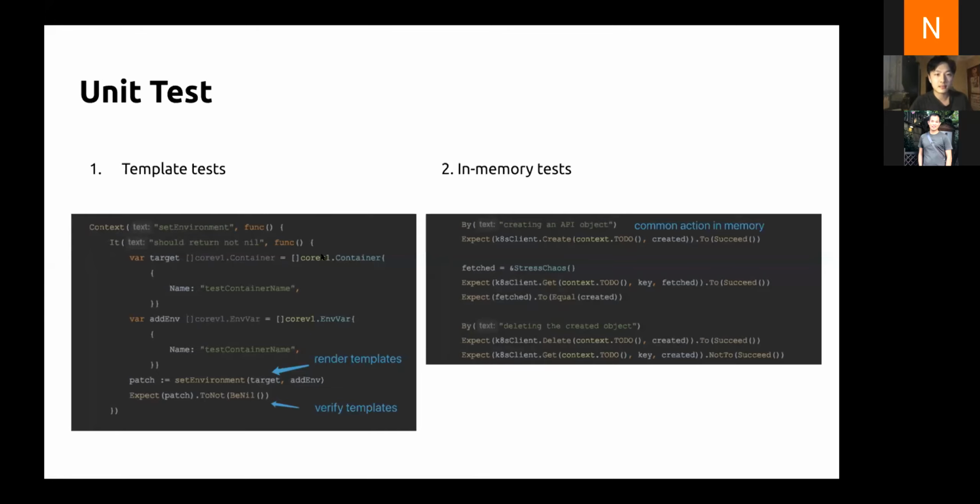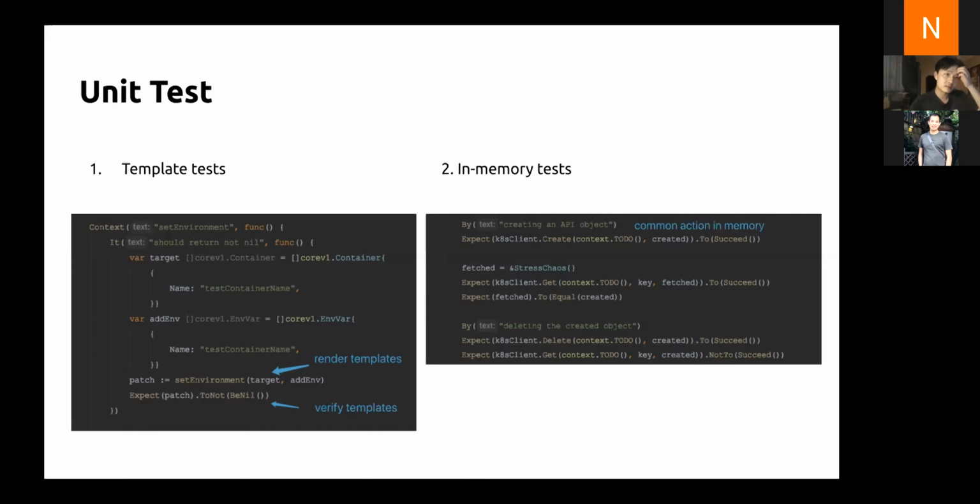You can see in the first case, we create a chaos or a container here, and we call a function to set some environment variable, and we expect the variable is rendered in the template.